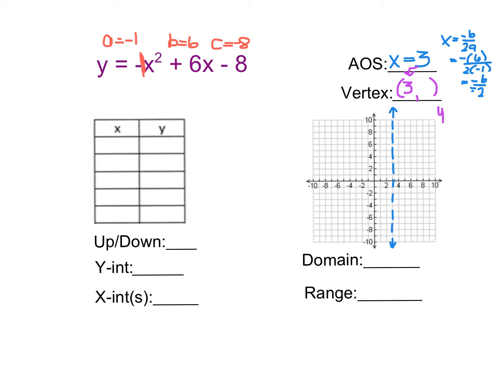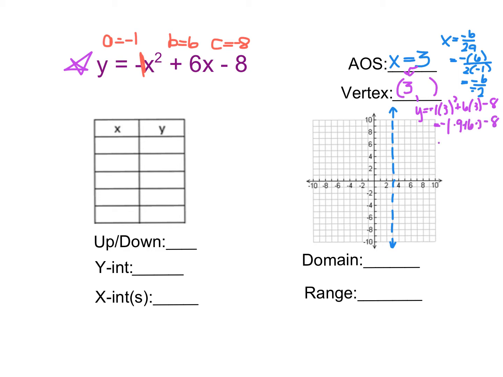So here I have y is equal to, I'm going to use my equation over here, so I'm going to give myself a little bit more room. So I have y is equal to -1 times 3 squared plus 6 times 3 minus 8. So I start with my exponent, so I have -1 times 9 plus 6 times 3 minus 8.